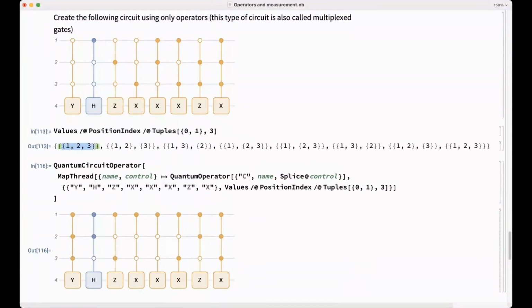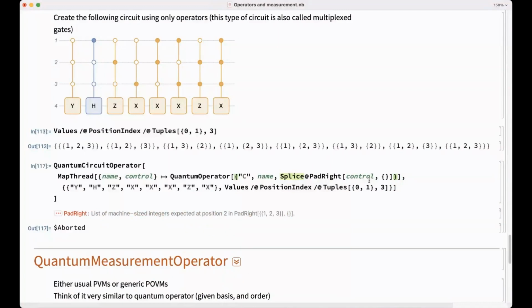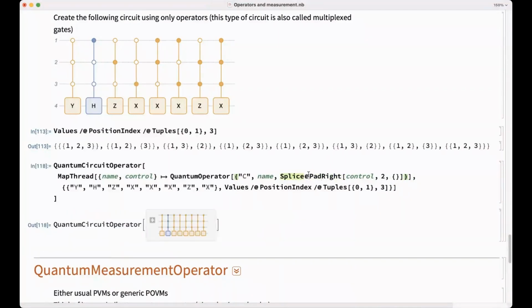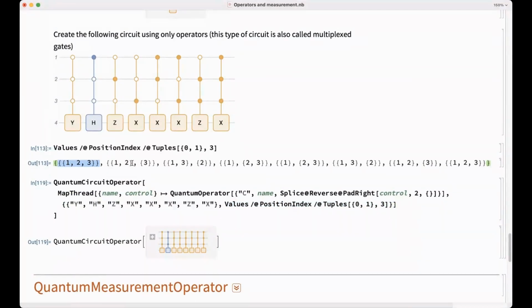Maybe we should pad it with the empty one and then reverse it. Weird. It's not quite reverse. What if I just swap this around? Why is this so hard?